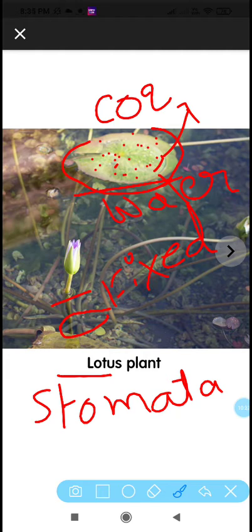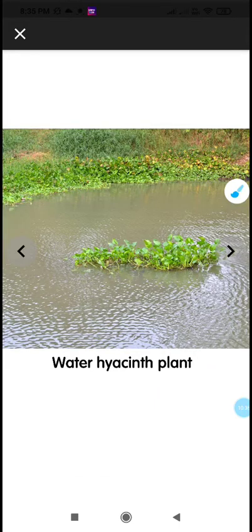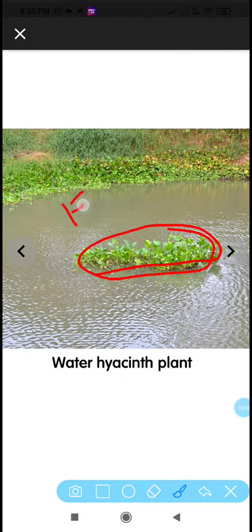Okay, now we will see the other plant, which parts are visible. As we discussed, clearly visible parts are the leaves. Their leaves are floating on the water.